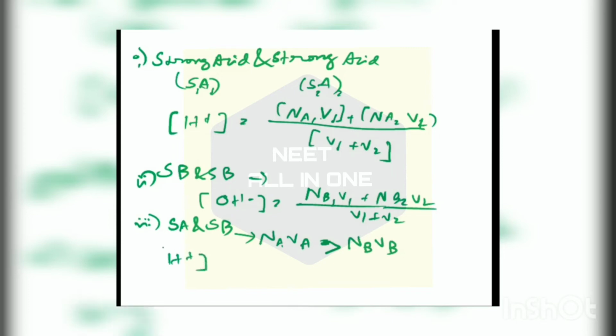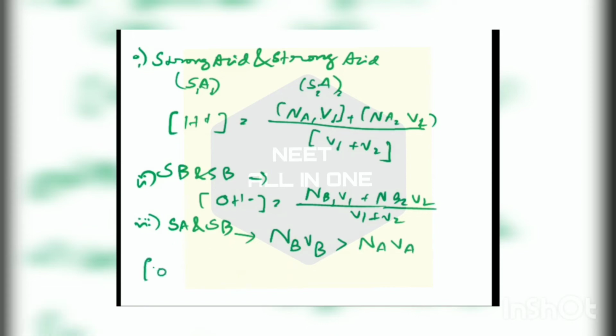Then we conclude the H plus will be NaVa minus NbVb by Va plus Vb. But what happens when the base's normality and volume product gets more than the acid's?